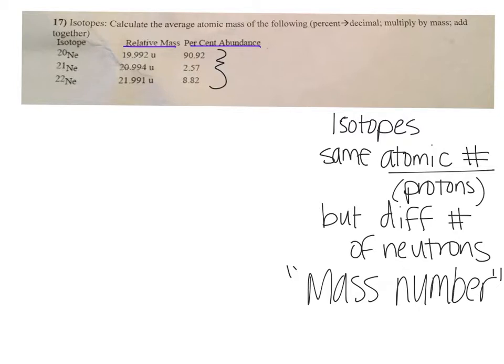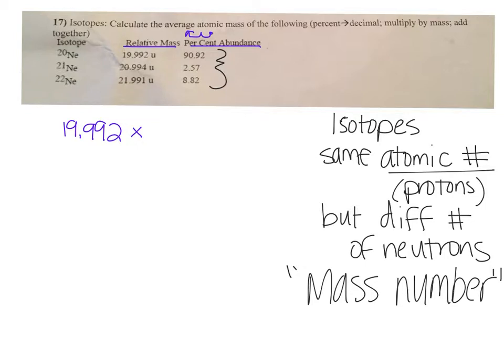So how to do this? So we're going to basically take your mass and we are going to multiply it by if these were decimals. So that means you take that decimal and go 2 to the left. So what you're doing is you're dividing it by 100, okay? So you're taking 90 out of 100, right?